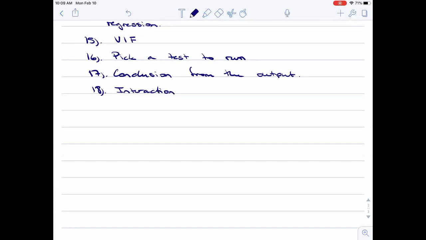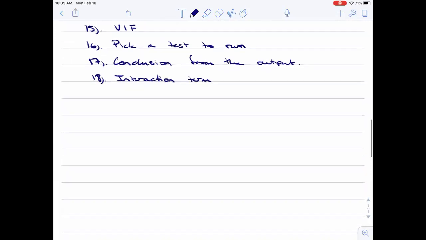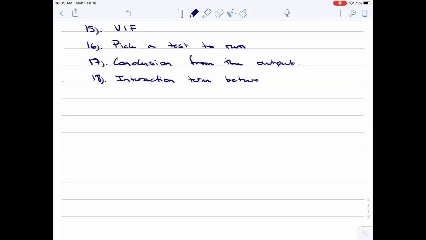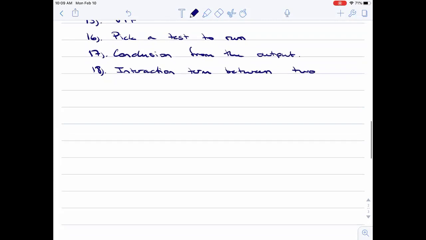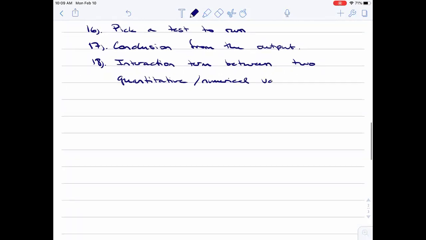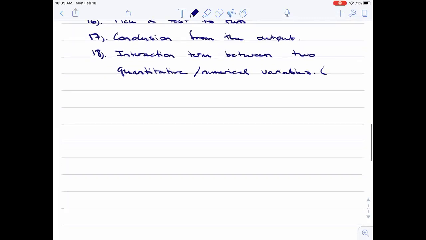So an interaction term between 2 quantitative or numerical variables. I'll put that in brackets. Explain why we might use it.